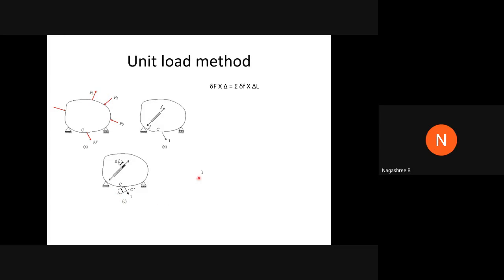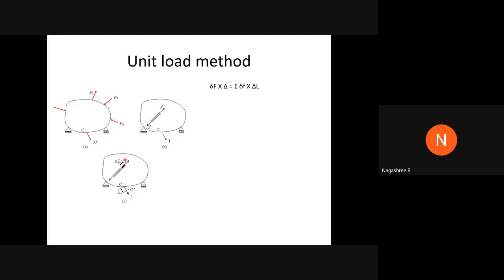On the other hand, the right hand side represents the internal work done by the virtual internal elements of the forces, that is dF, wherein delta L represents the overall displacement.